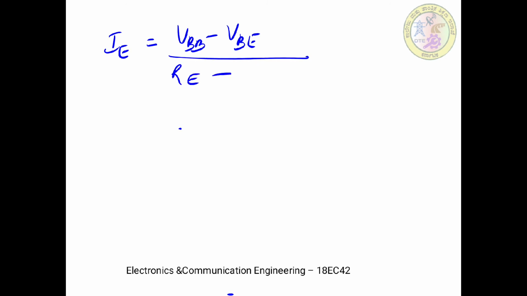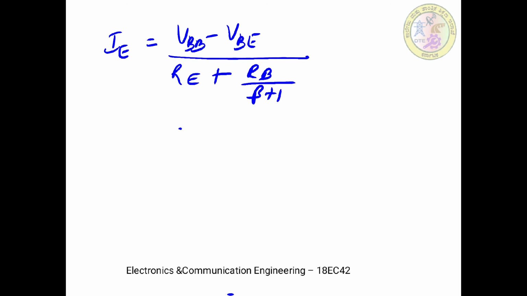Okay, so once R1 and R2 values are there, next we can find the emitter current IE. For IE we have already derived the equation: IE is given as VBB minus VBE, divided by RE plus RB by beta plus 1.